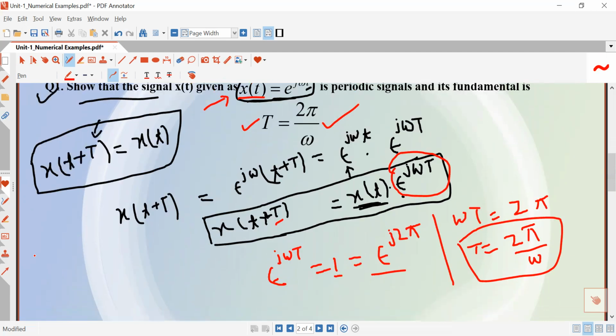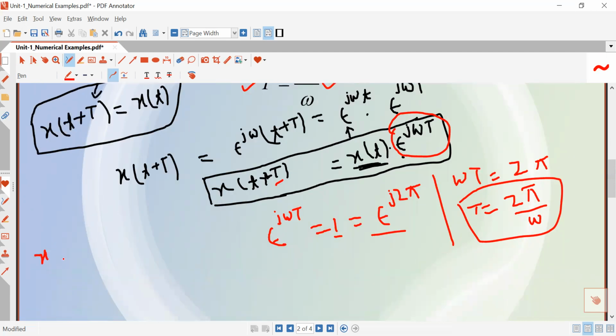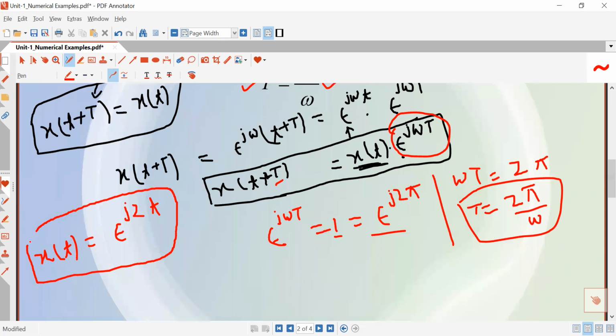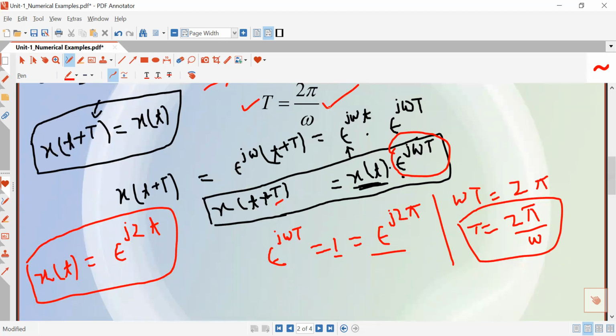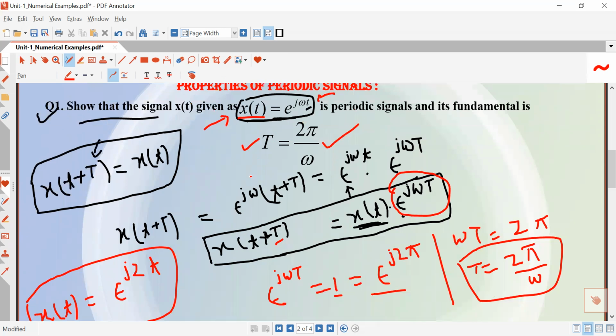For example, I am asking you whether this signal, e to the power j 2t, is periodic or not. So directly you can say yes sir, this signal is a periodic signal because x(t) equal to e to the power j omega t is a periodic signal.